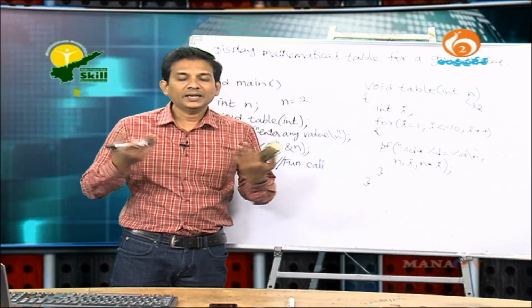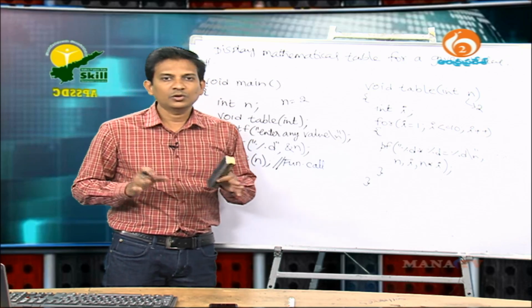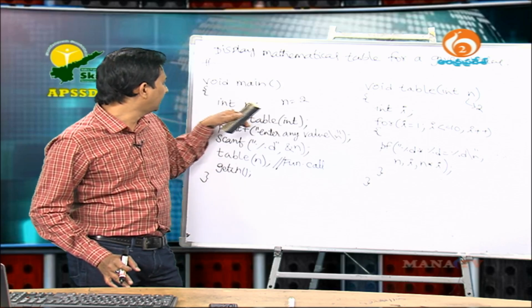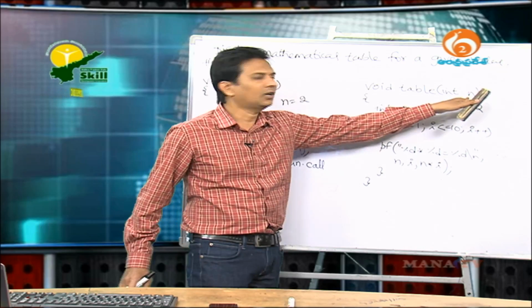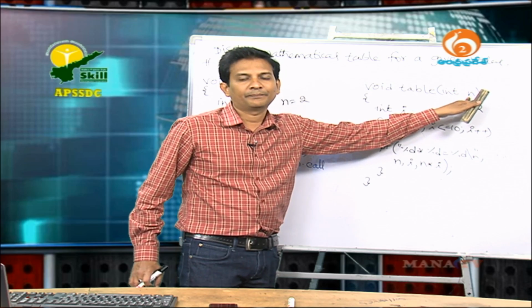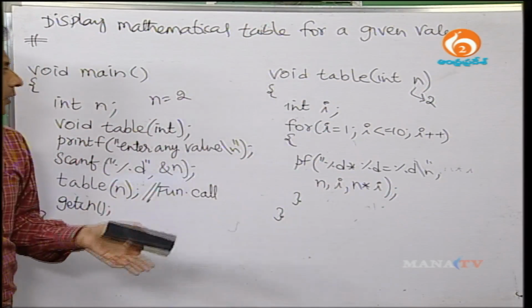You can write a different variable name also, no problem. Here I have written n, you can write p also. No need to be the same, and if you write the same also no problem, because these two are different memory locations.